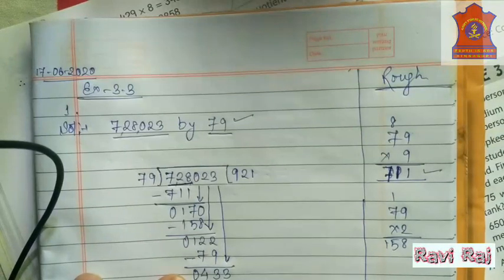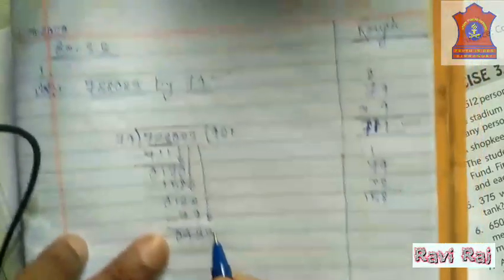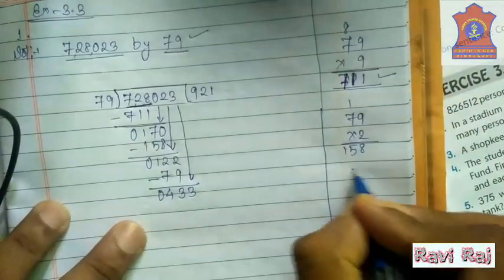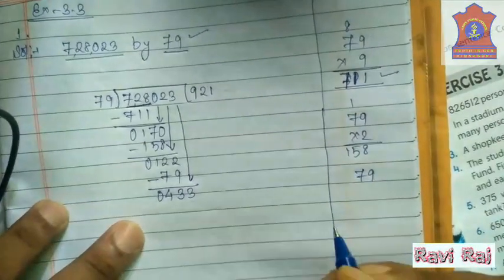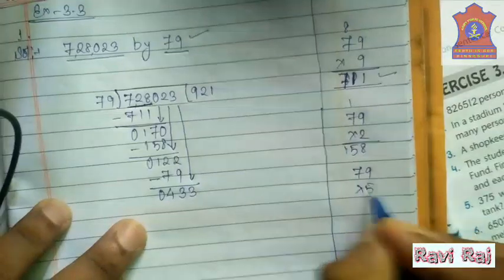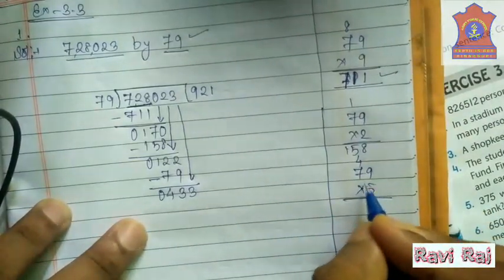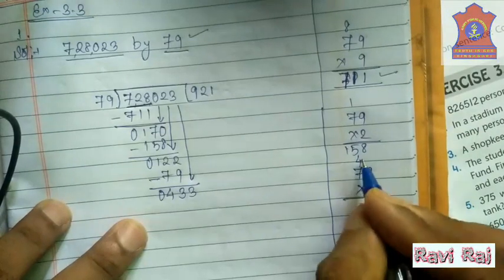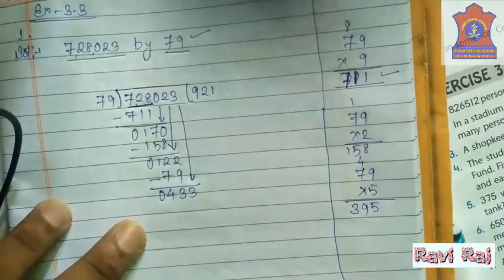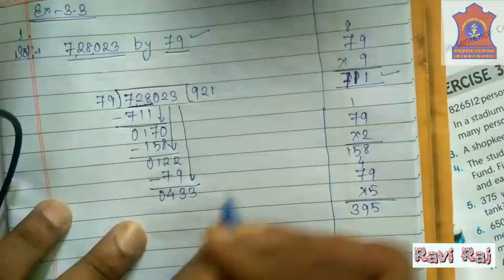433. So let's check whether 433 is there in 79's table or not. Multiply 79 into 4 or 5. Let's take 5. 5 9s are 45. 5 7s are 35 plus 4, 39.